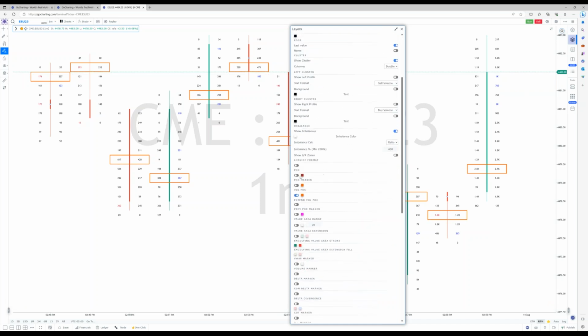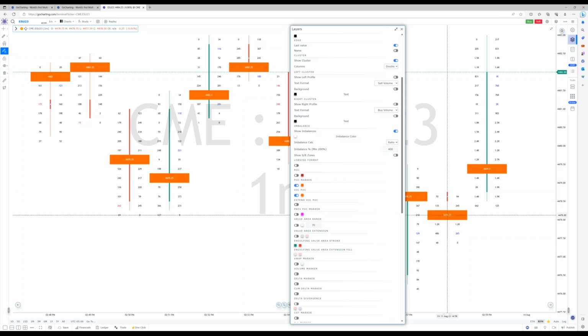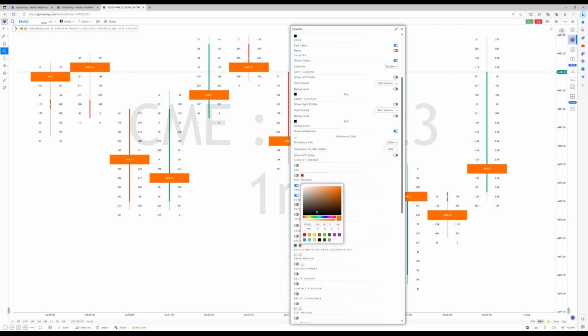A couple other things. Again, you can play around with a lot of these. Point of control marker. Okay, if you click on that, it just makes it the whole price. Now, one of the things with GoCharting is you could adjust the opacity on a lot of things, right? So you choose the color, and then down here there's sort of this checker area. That's the opacity.